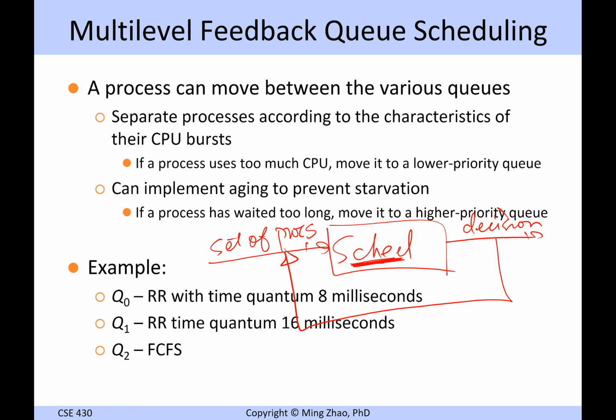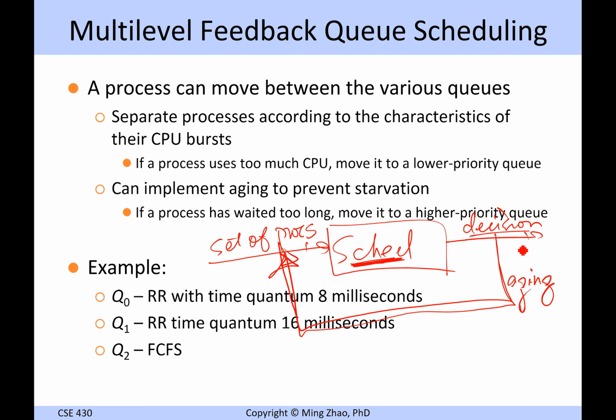For example, to implement aging: if a process has been waiting long enough, that will come back and move the process from one queue to another.